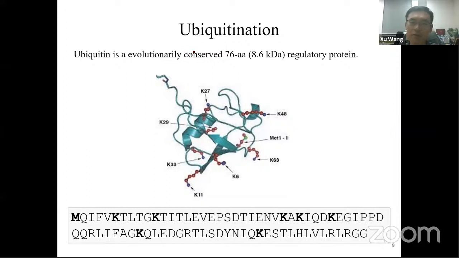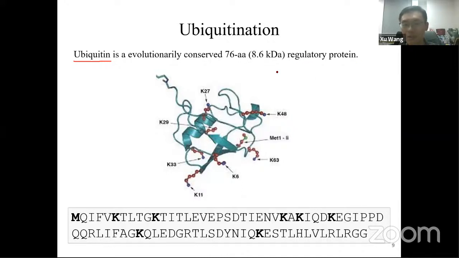So how does ubiquitination happen? We know that ubiquitination is mediated by ubiquitin. What is ubiquitin? Ubiquitin is an evolutionarily conserved 76 amino acid regulatory protein.